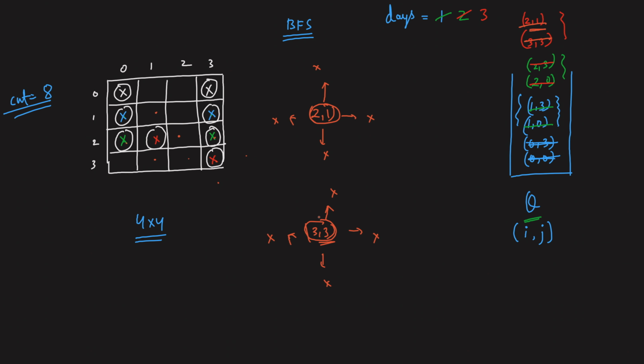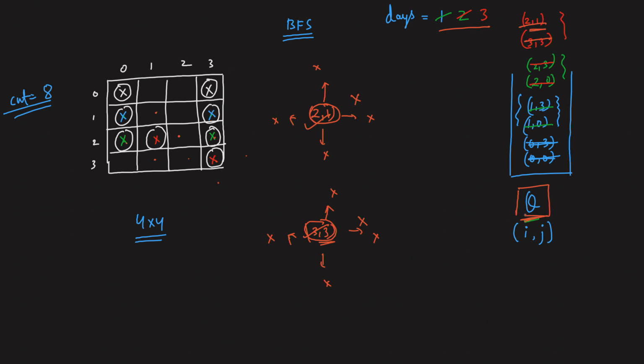And at the end of the day, it's over for these guys, and the queue ended up being empty this time. So whenever the queue is empty, it means these guys did not rotten anyone, hence the days will not be increased anymore. And at the next iteration, I see the queue is indeed empty. So let's end our iteration.